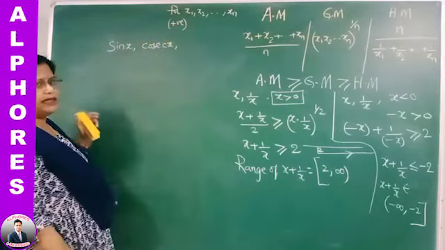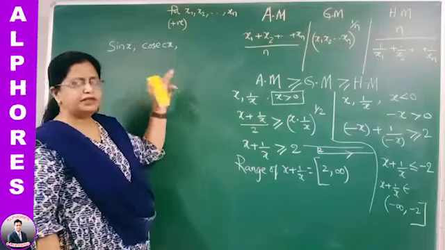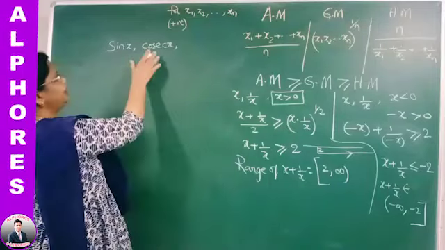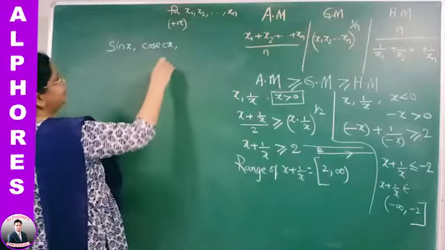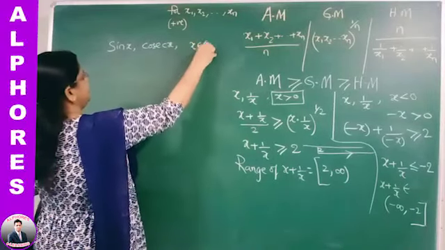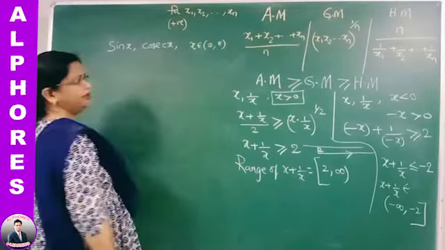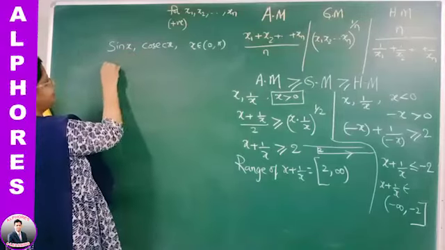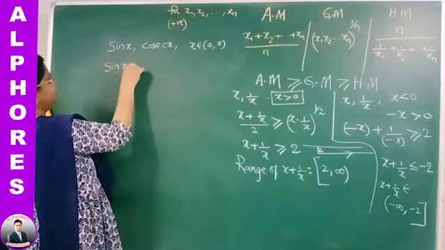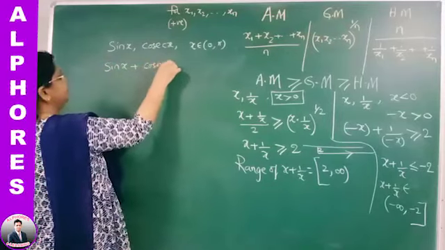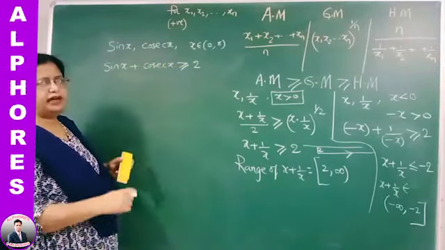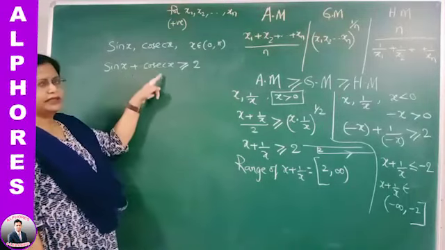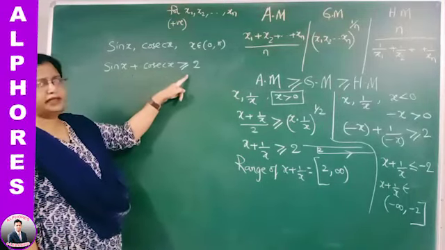So as long as x values are from 0 to pi, that means sin and cosecant will be positive from 0 to pi. That's why when x belongs to 0 comma pi, then we can say sin x plus cosecant x is always greater than or equal to how much? 2. Understand?